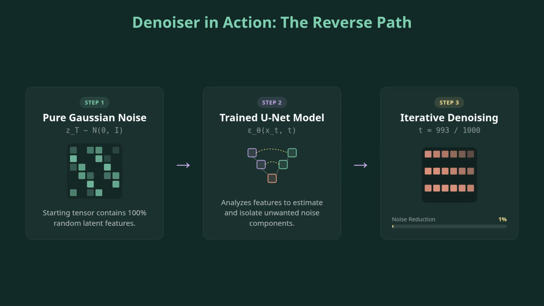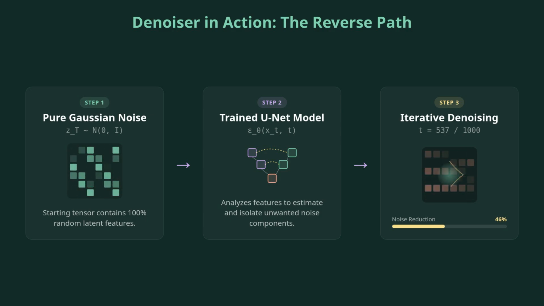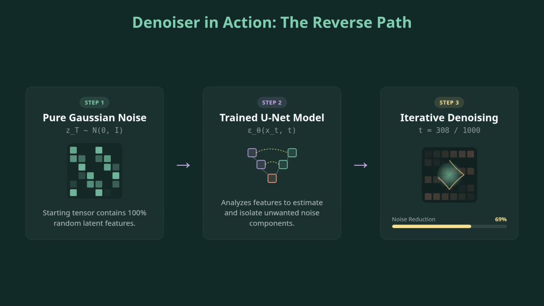We repeat this denoising step iteratively, tracking backward from time step t to t-1, slowly shaving away the random chaos. Over hundreds of steps, coherent structures, edges, and textures gradually crystallize out of the white noise, culminating in a pristine, novel image at step 0.